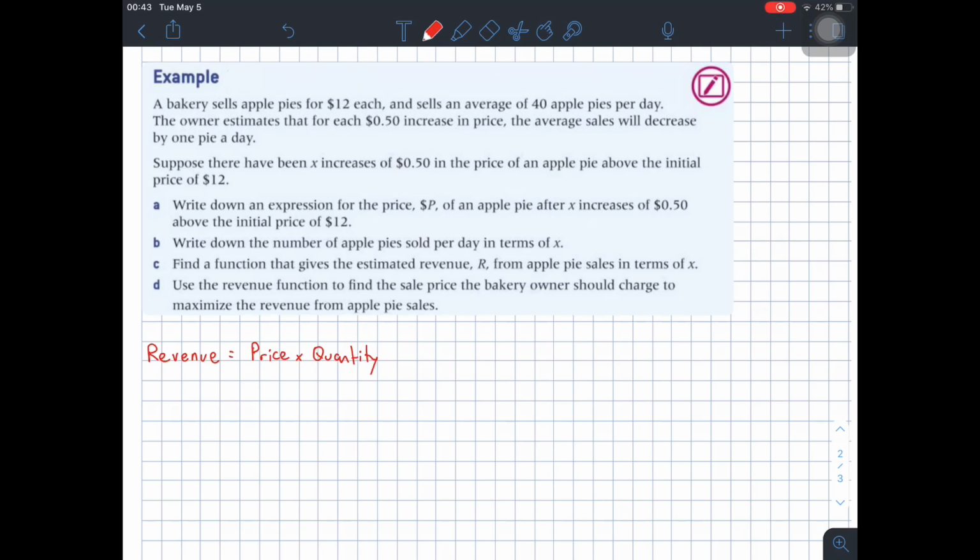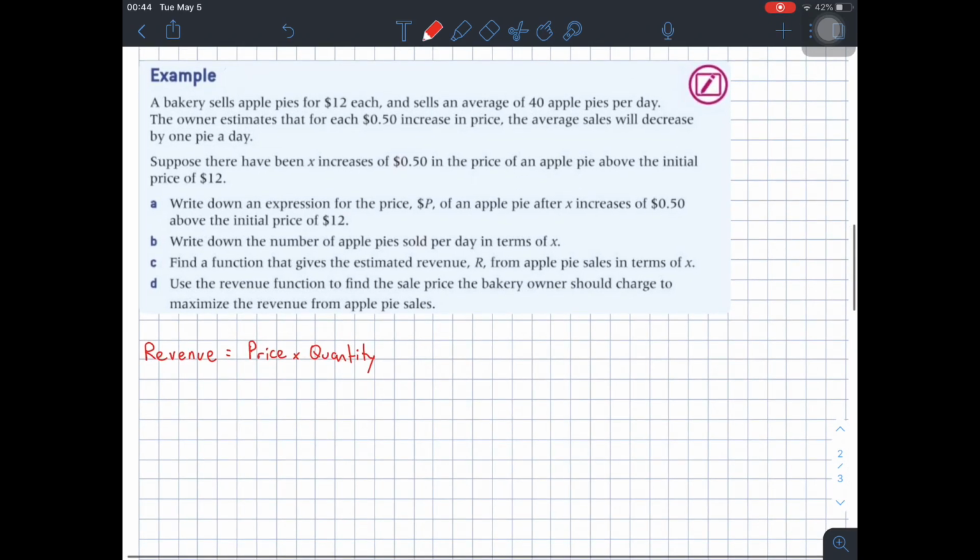If I sell, let's say candies, if I sell 10 candies at 5,000 guaraníes each, then my revenue would be 50,000 guaraníes, right? 5,000 guaraníes times 10. Okay, so that's revenue, which in Spanish is called ganancia.